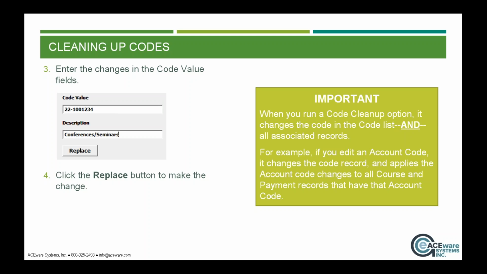So keep that in mind when you're making these changes. You have to kind of look back, if you will, to be sure that the change you're making to this code, either value or description, isn't going to mess things up historically. So there'll be cases where you would actually want to add a new code rather than changing the existing one.